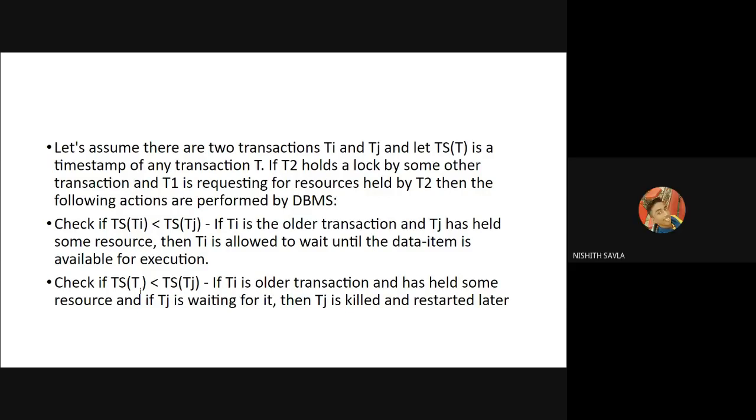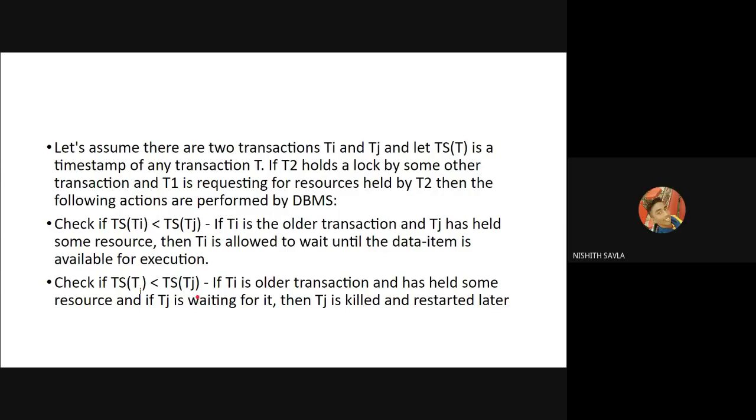Ma'am, in both the cases, Ti is the only older transaction. हाँ, Ti is only smaller, but in the first case, Ti के पहले Tj ने request की थी, and यहाँ पे what is happening? Ti has requested before Tj. Why is Tj killed? Because to avoid the unnecessary starvation. Are you understanding? Both the situations are the same, but the request made at a time is different.